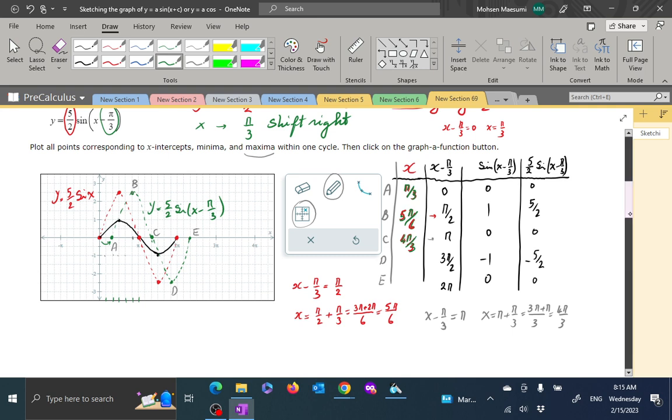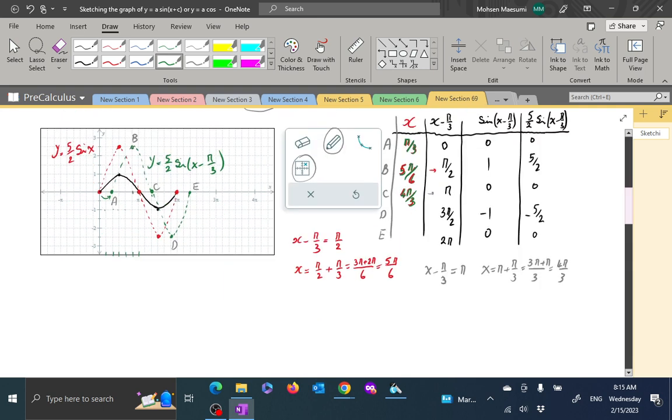Or maybe you want me to help you out with this one. So let's continue. So what is the x location at which x minus pi third becomes 3 pi half? So we are catching the x that's responsible for that. So x is 3 pi half.